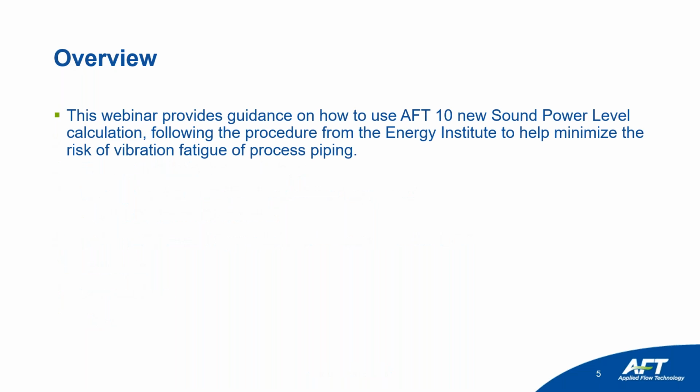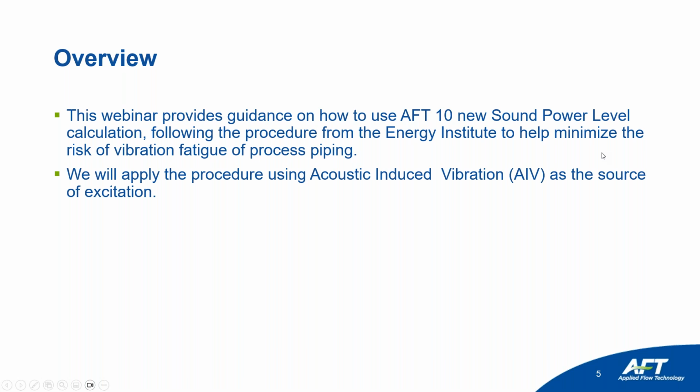So overview. This webinar provides guidance on how to use AFT 10 new sound power level calculation. We'll be following the procedure of the Energy Institute, which was created to help minimize the risk of vibration fatigue of process piping.